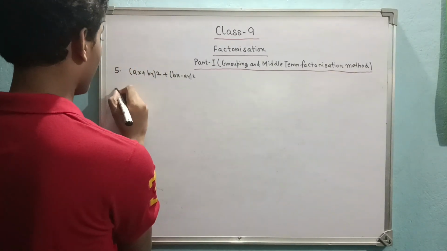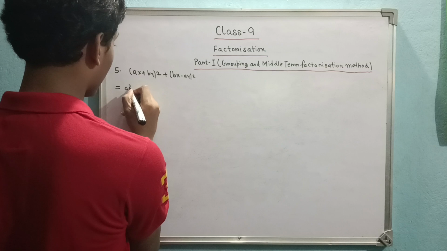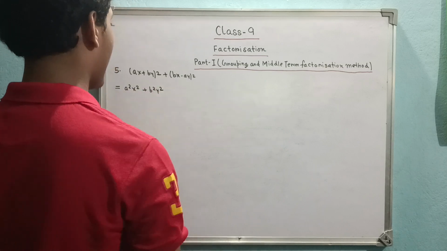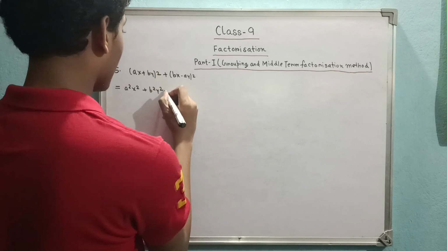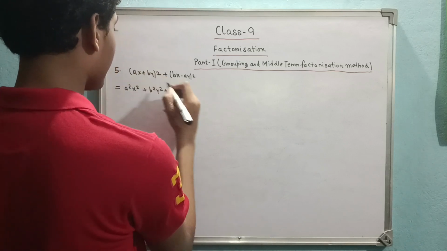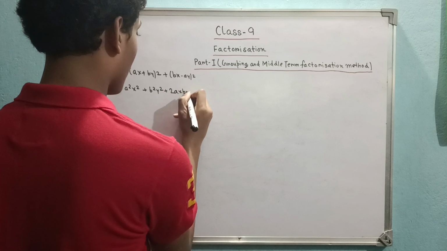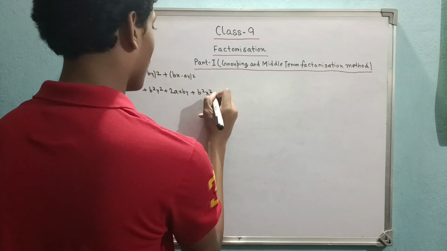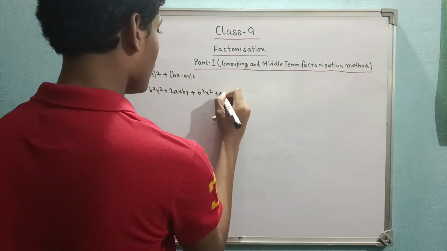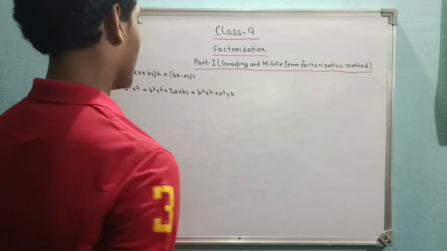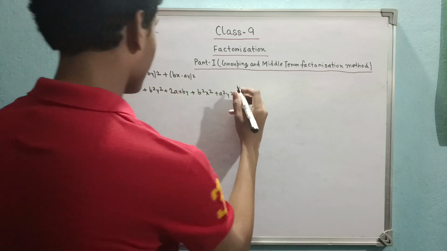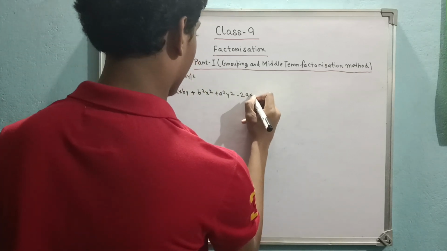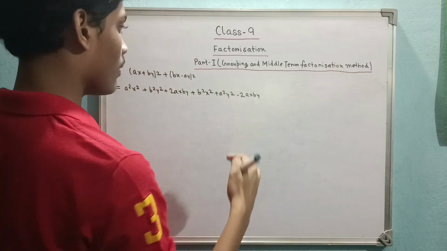If I do that, I can write this as a square x square plus b square y square plus 2 into ax by, plus b square x square plus a square y square minus 2 into ax by. Bx ay and ax by both are the same.